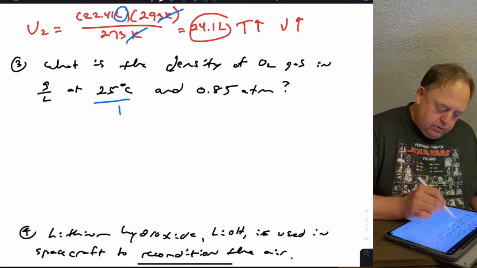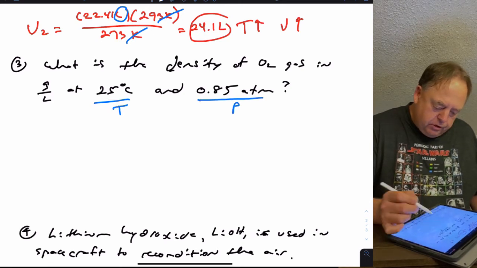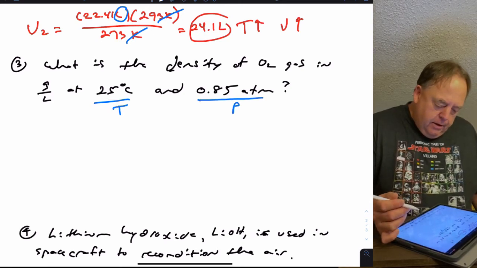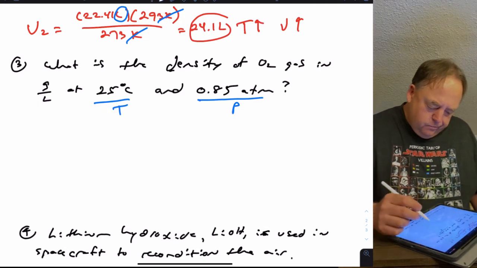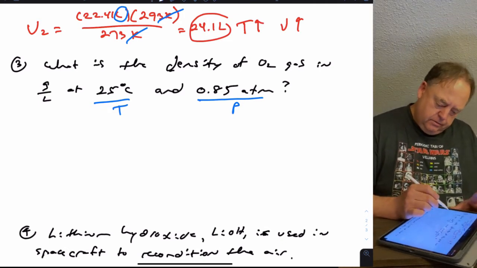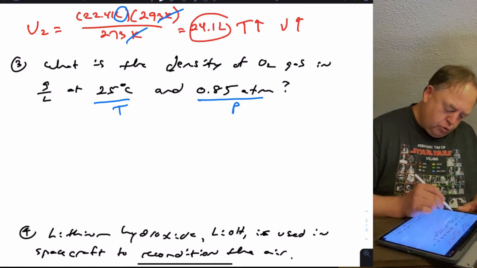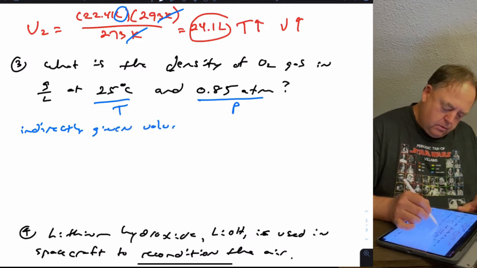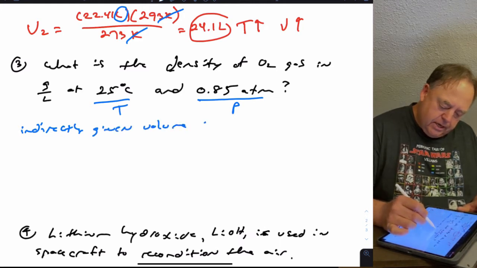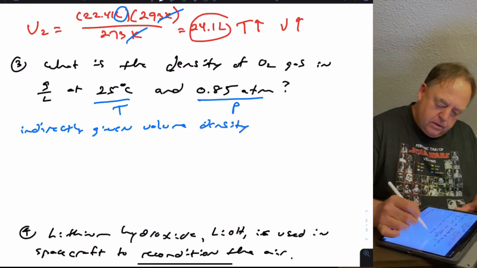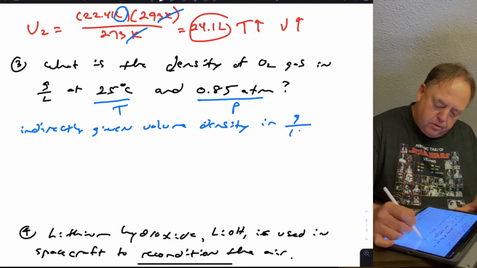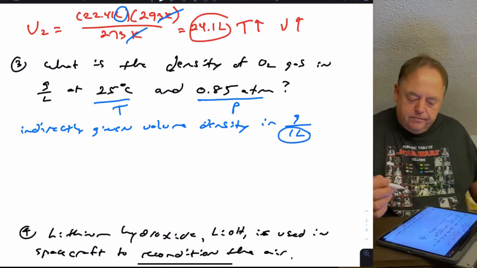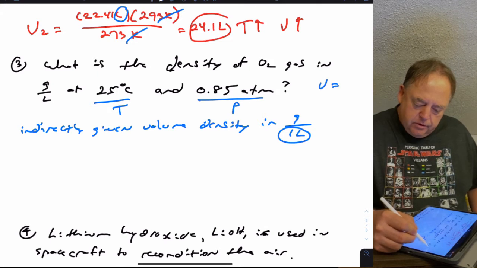So you're given temperature, you're given pressure, and indirectly you're given volume, because the question says what is the density in grams per liter, basically, which means 1 liter. So volume is equal to 1 liter.